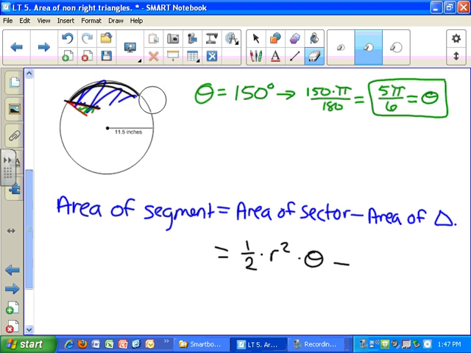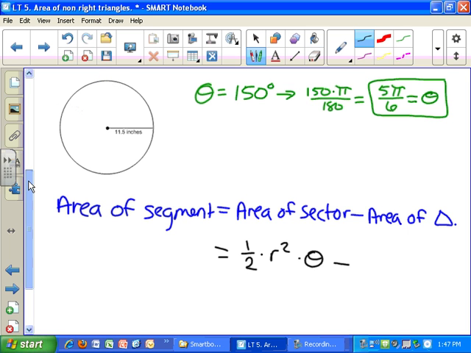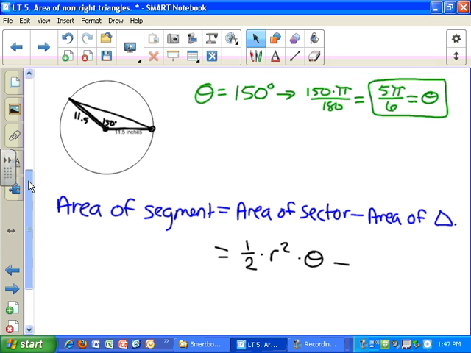So let's take a closer look at this triangle that I just erased. I know that that's going to be 150 degrees, and I can label this other side as 11.5 because it's a circle. Any radius drawn from the center is going to be congruent to any other radius in the same circle. So that's the case where I've got two side lengths and the included angle.